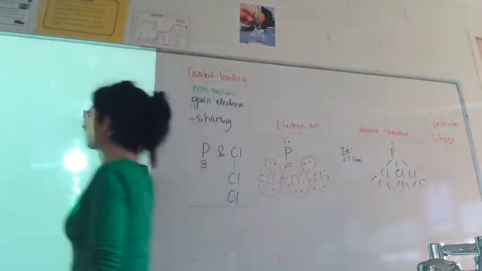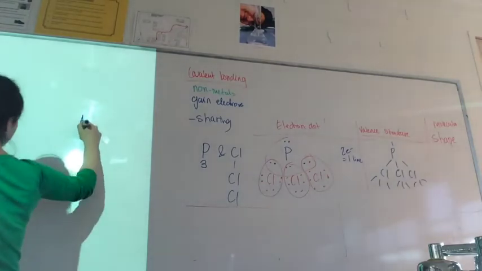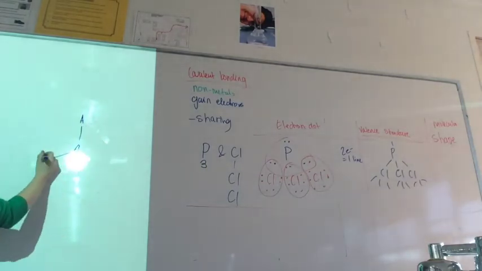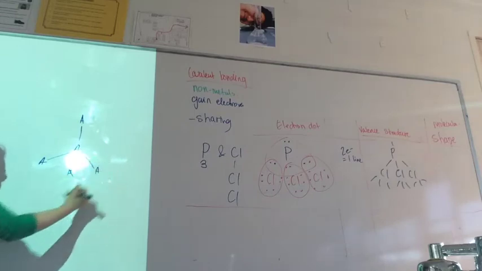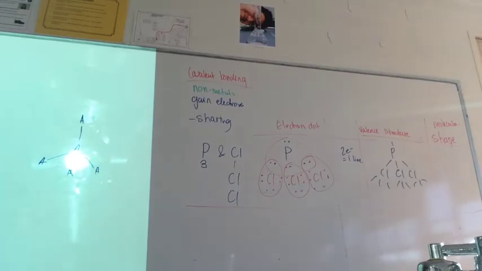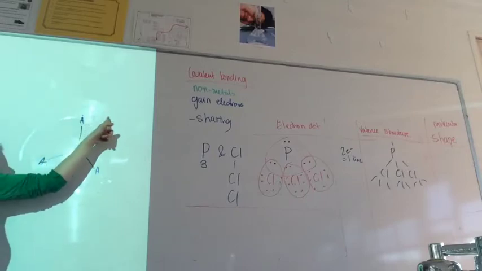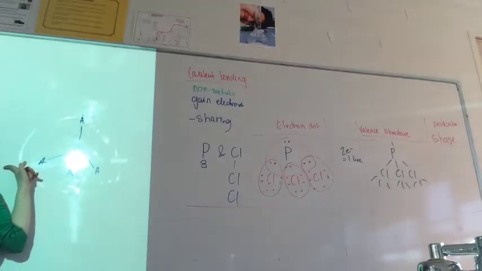So 9 times out of 10, you'll be given these ones. So let's just say we've got 4 atoms surrounding a central atom. What type of shape would that be? Tetrahedral.